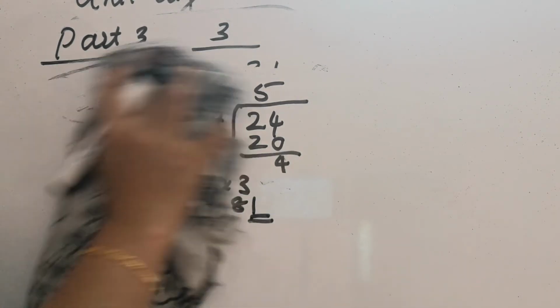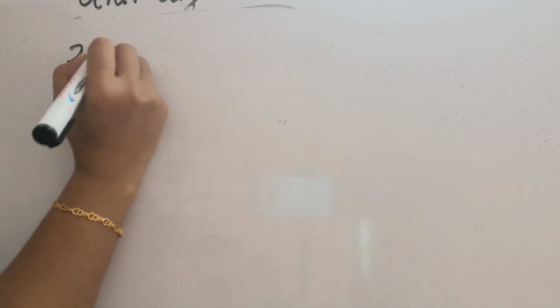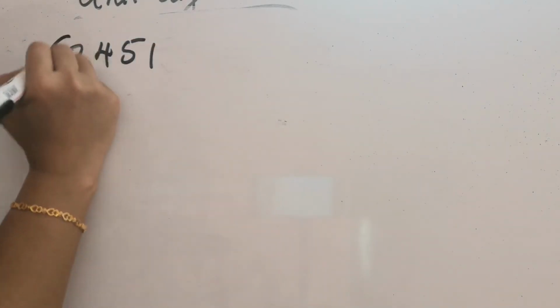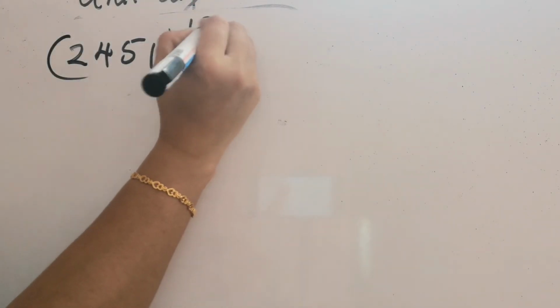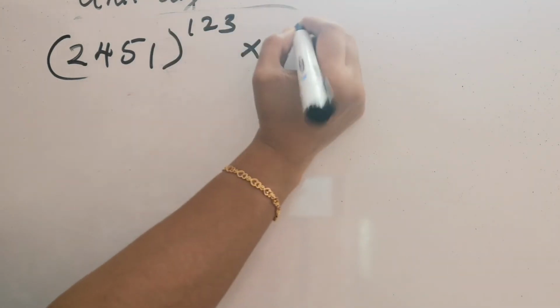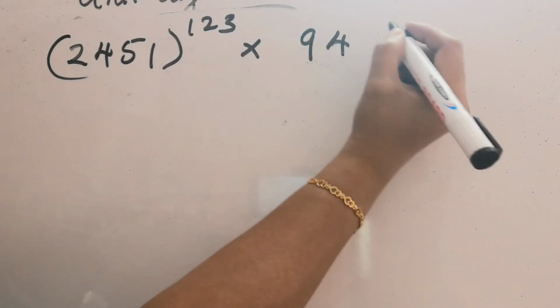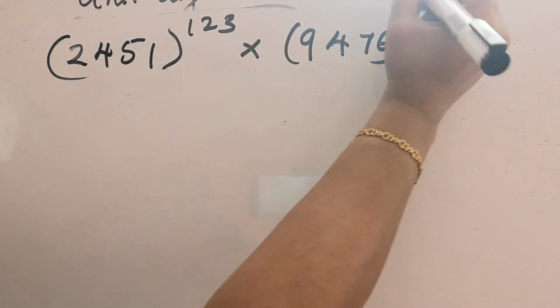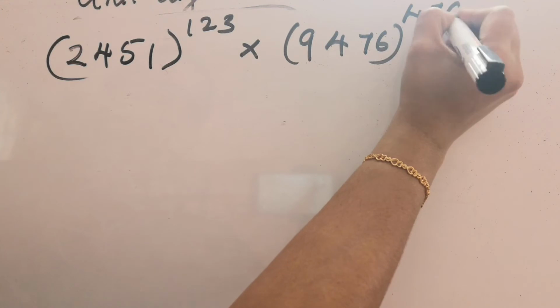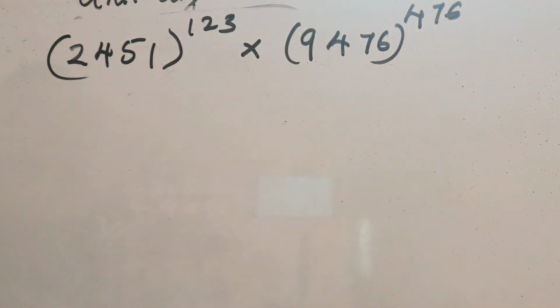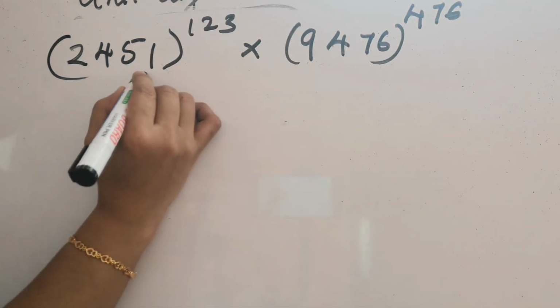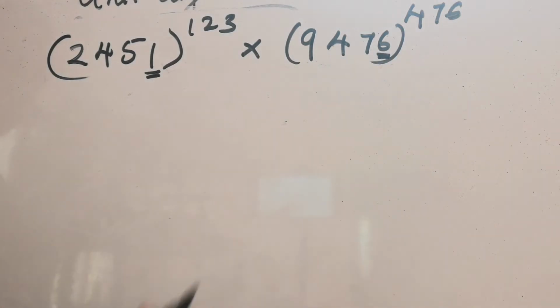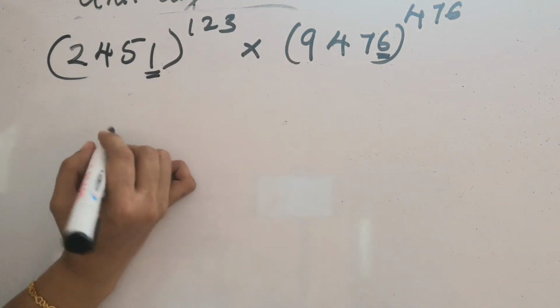So we move to another type of problem. 2451 raised to 123 multiplied with 9476 raised to 476. Then definitely here we look for the last digit or ones place number. Here the ones place number is 1.